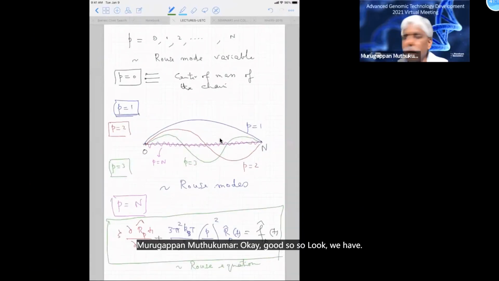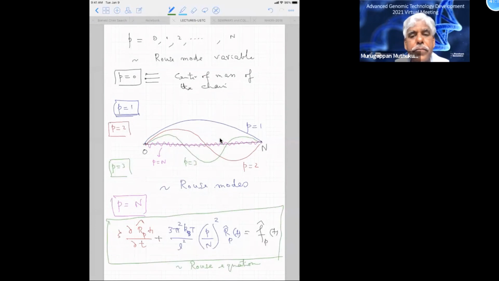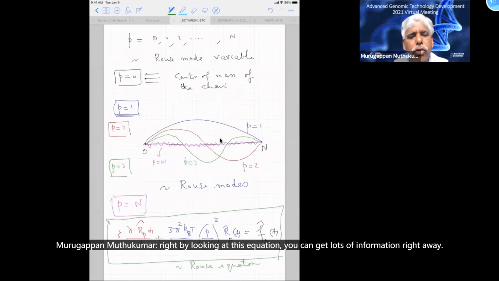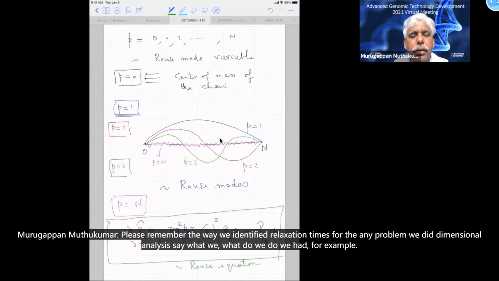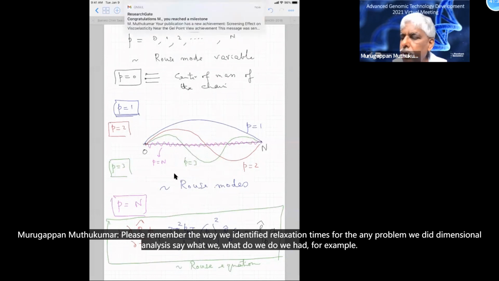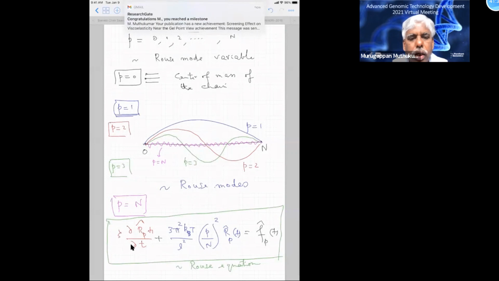Yeah. Okay, good. So look, we have a very nice, simple equation. By looking at this equation, you can get lots of information right away. Please remember the way we identified relaxation times for any problem: we did a dimensional analysis. We had time in the denominator here.